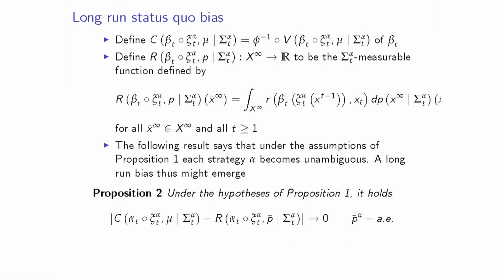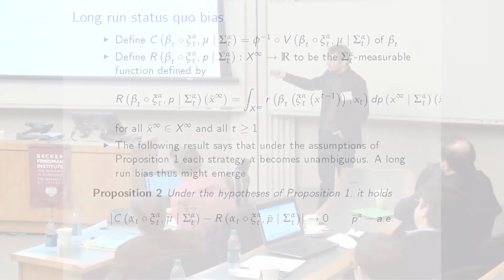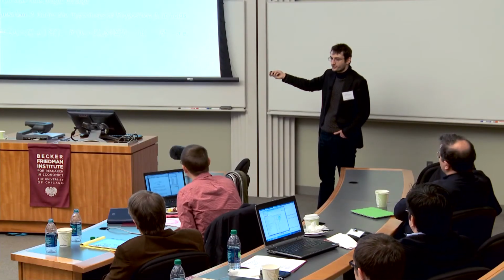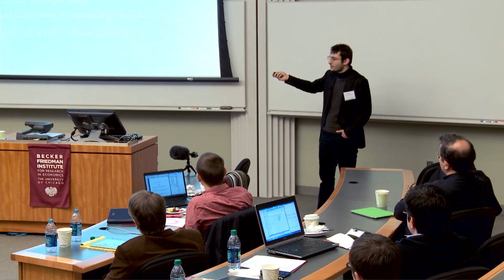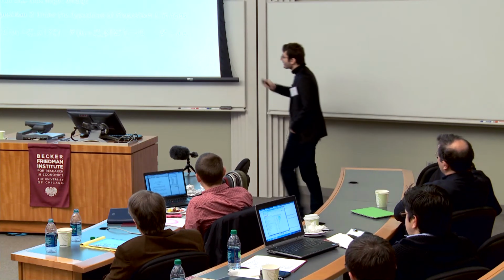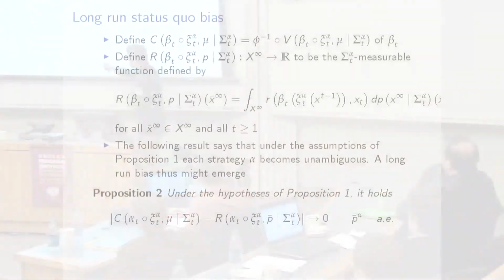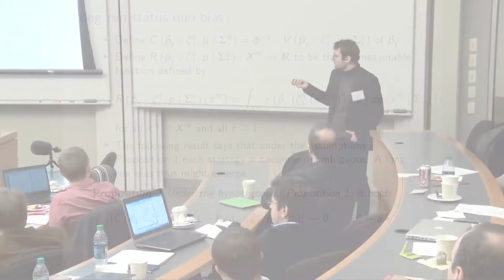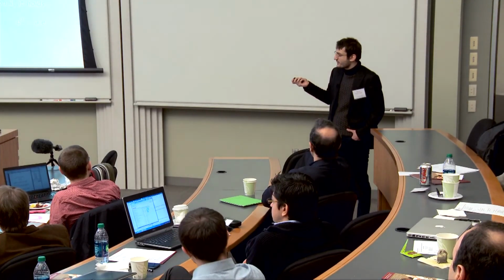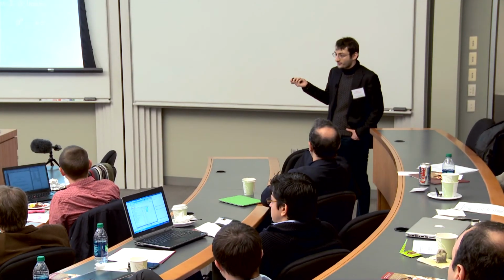The other result, which I will just discuss in English without the notation, is that the value of a strategy converges to its expected value in the limit. This is nothing else than the certainty equivalent of the smooth ambiguity criterion. So in the limit, the learning results I discussed before imply that even under ambiguity, the strategy that is played over and over again by the decision maker becomes unambiguous, because its value converges to the expected utility evaluation of that strategy.